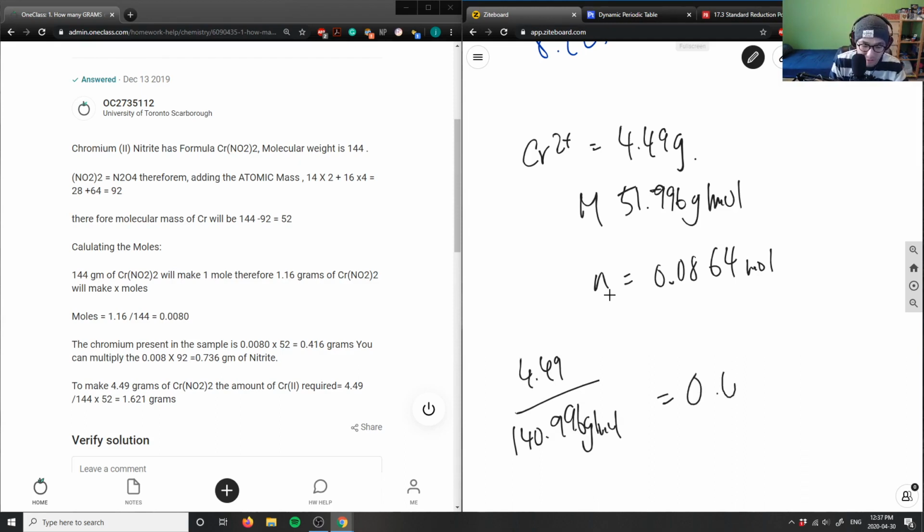So you get 0.0318 moles here, and you can multiply this by 51.996 to get the mass of chromium required here. So this is 1.621 grams, or 1.655, sorry, 1.6556 grams of chromium here.